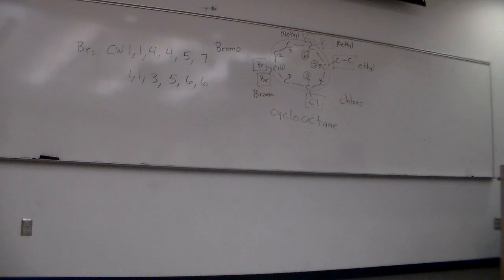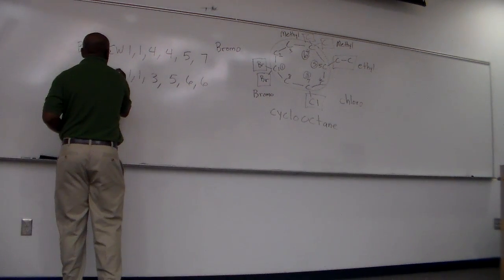Of my counterclockwise numbers, which is the lowest number combination? 1, 1, 3, 5, 6, 6, counterclockwise.